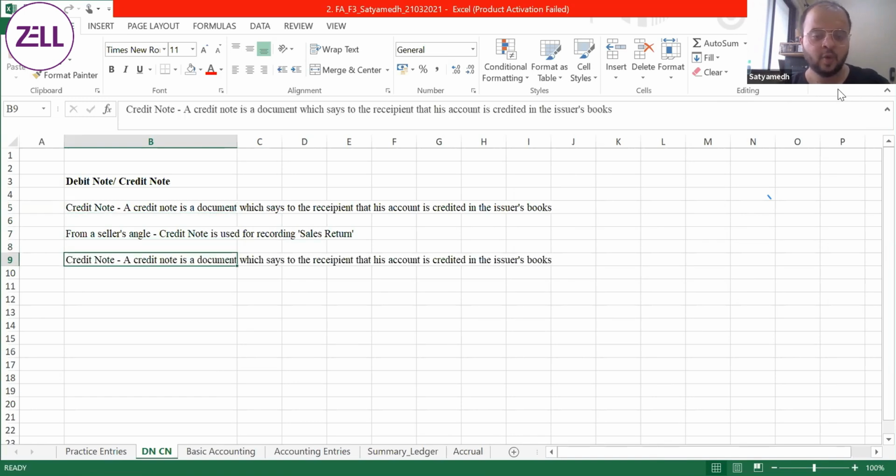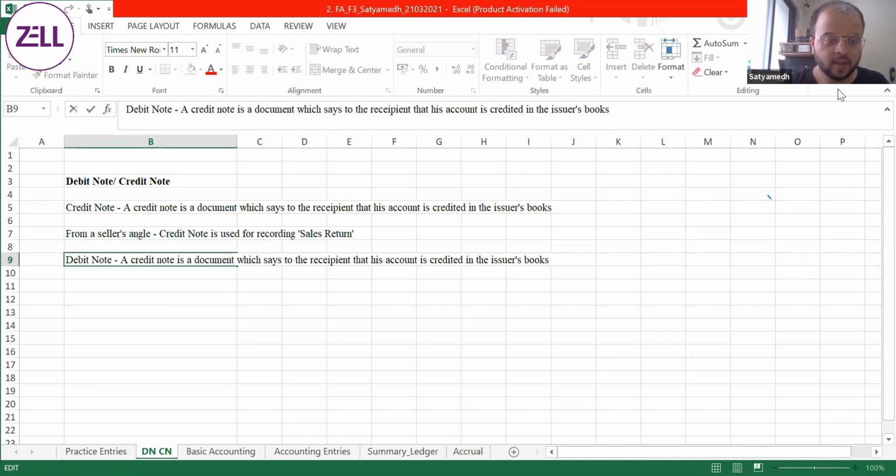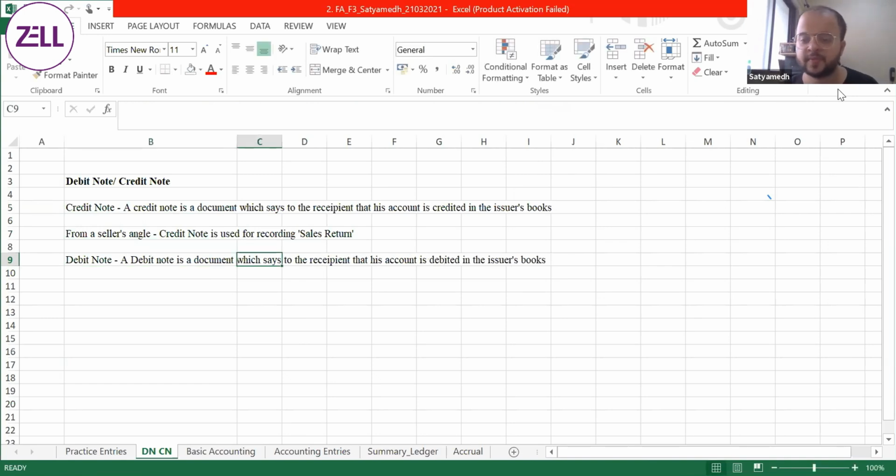Similarly, what is a debit note? A debit note is a document which says to the recipient that his account is debited in the issuer's books. Now, अगर क्रेडिट नोट मैं इशू कर रहा हूं फॉर सेल्स रिटर्न, तो डेबिट नोट मैं कब इशू करूंगा?